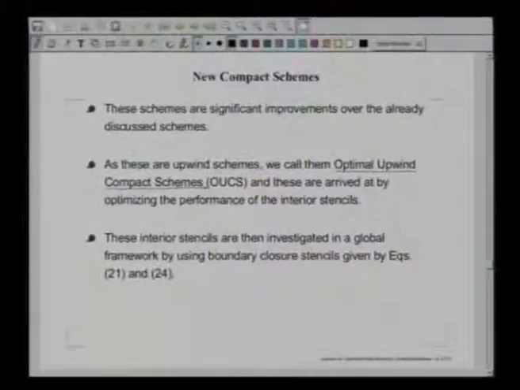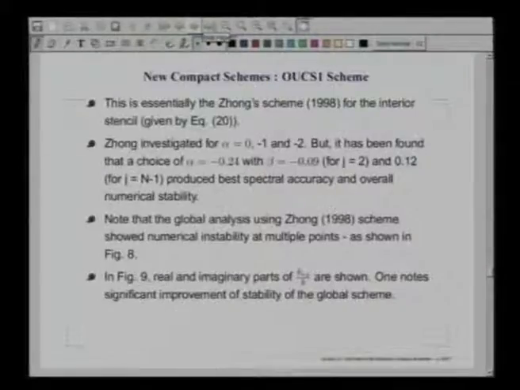Now, what we can do is look at those interior stencils in conjunction with these boundary stencils given by equations 21 to 24, and come out with these new schemes. To do that, we looked first at the Zhang scheme itself, which we have been critical about, and we fixed its problem.